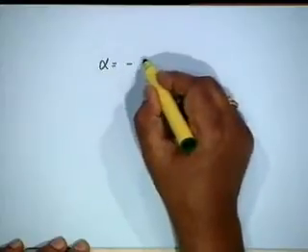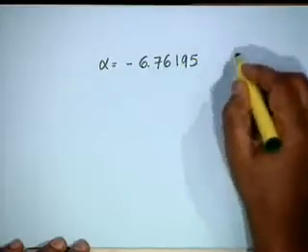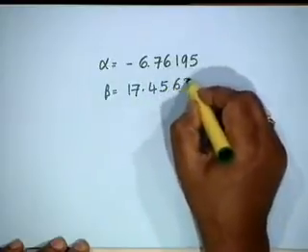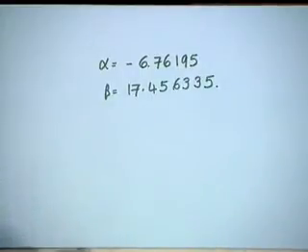This 0.1 is in radians, okay, and therefore by solving this, one finds alpha equal to minus 6.76195 and beta equal to 17.4563335. With these values you can verify that beta plus 2 alpha cosine omega remains positive between 0.1 and 0.4. That is all that we are concerned with. It remains positive. Okay.